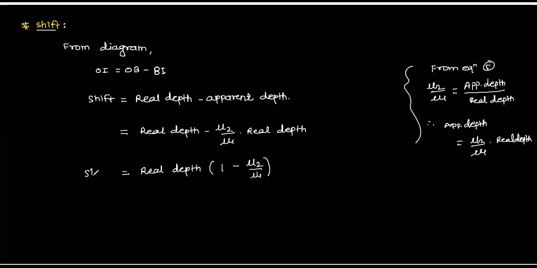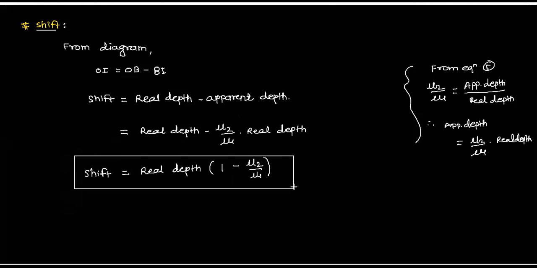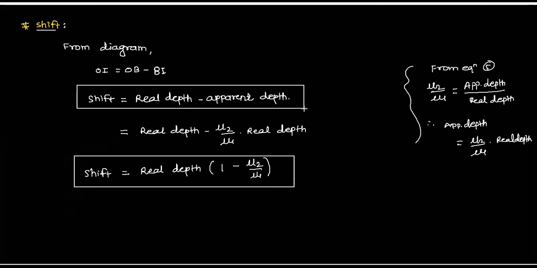This is your shift formula in terms of real depth. If only real depth is given, you can use the refractive indices and you will get the answer for your shift. If you are given real depth as well as apparent depth, just subtract them, you will get the shift. Okay, understood?